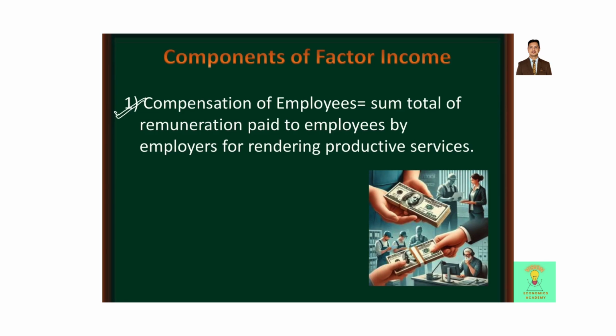Compensation of employees is the sum total of remuneration that is paid to the employees by employers for rendering productive services. So the employees of a firm, whatever they receive as a remuneration for their productive activity, is the compensation of employees.